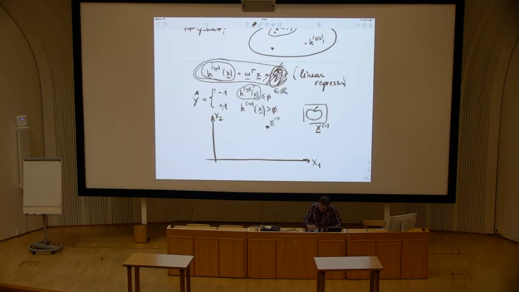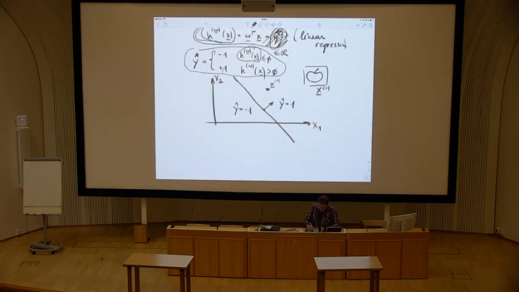And what this classifier does is it divides the feature space into two half spaces, where in one half space we say y hat is equal to 1, and in the other half space we say y hat is equal to -1.